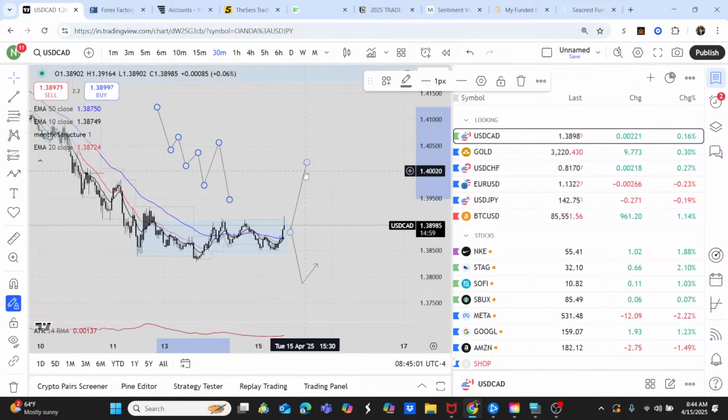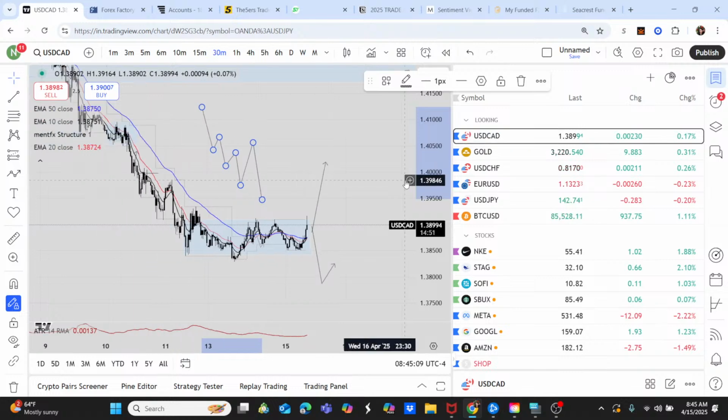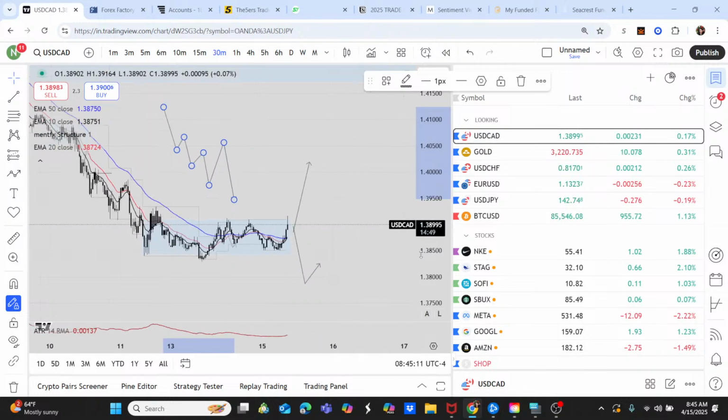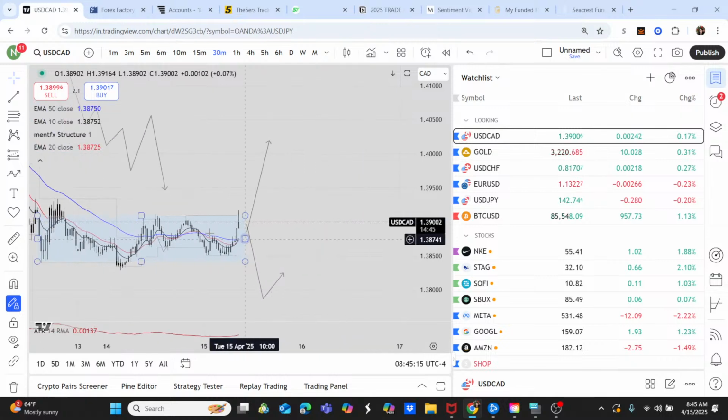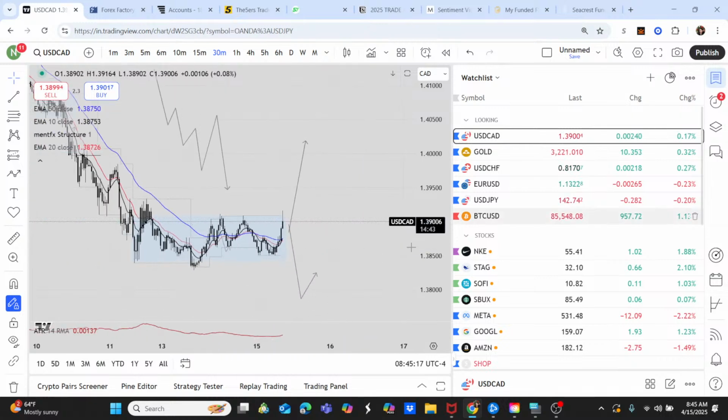That's all. Nothing more, nothing less. So right now I'm gonna just put this in blue because it's not quite ready. I don't even think it's gonna set up anytime right now during the session. It's just consolidated. So it could just consolidate for the whole session.